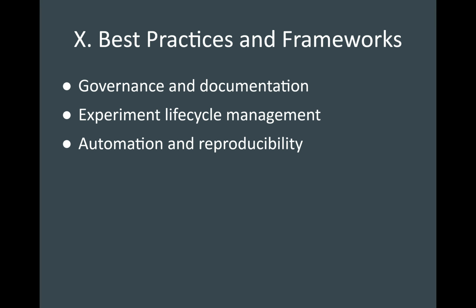In terms of governance, there is tracking test designs, owners, outcomes. Then there is lifecycle management, where tests should have a defined start and end point, and all the learnings should be documented. And then there is automation, which helps scale experimentation and reduces human error.